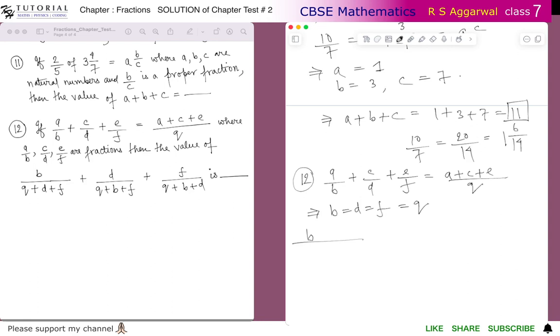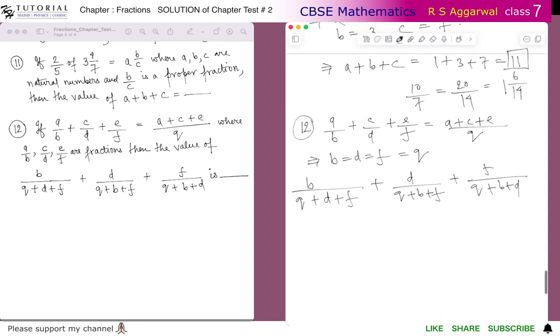It is given that b/(q + d + f) + d/(q + b + f) + f/(q + b + d).